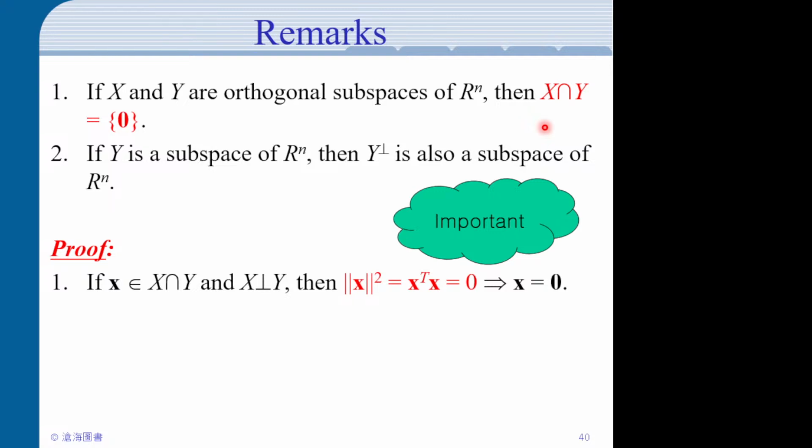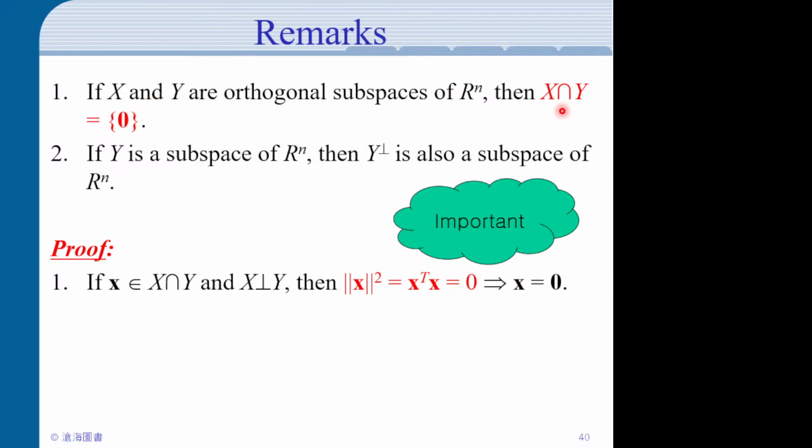And then lastly, we prove a little bit of properties of the orthogonal complement. First, for any two orthogonal subspaces, the intersection is 0.